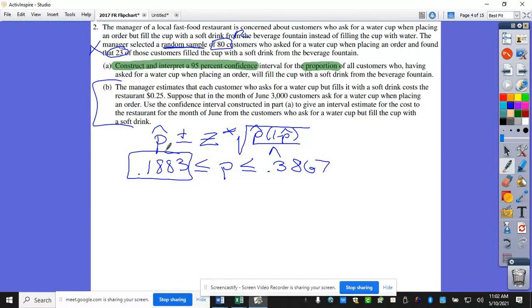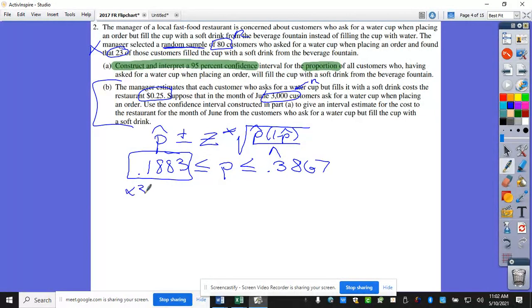What numbers does it give me in part B? 3,000. Which is my what? And then it gives me this number, which will tell me how much each one of them costs. This is a proportion, but I want to split it into how many people first. So how do I figure out how many people?